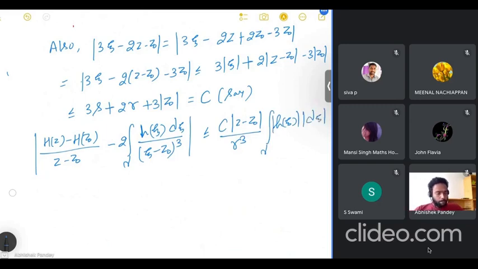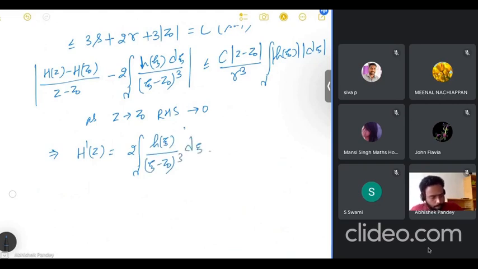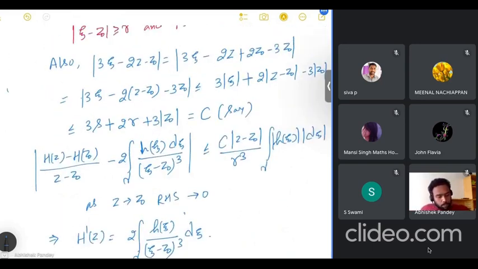Now as z tends to z naught, the right hand side tends to 0. This implies h dash z is nothing but 2 integral over gamma of h of xi upon xi minus z naught whole cube d xi. So this is done. Here we have used the xi bound; you can understand this, no? Here we have used this term s.